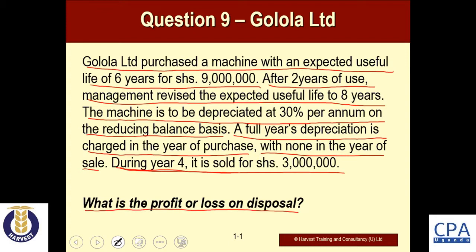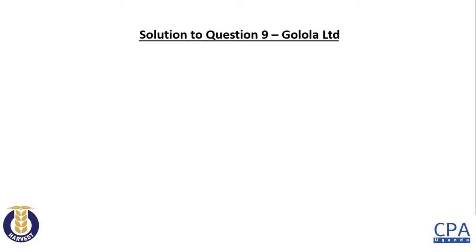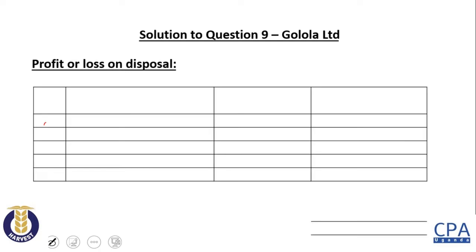So, going straight into our solution here. This is our solution to question 9. Here we are going to calculate the profit or loss on disposal as required in the mock question. So in this column, I'll put the year. In this column, I'll show the depreciation charge, which is going to be calculated as the carrying amount times the rate we are given as 30%.